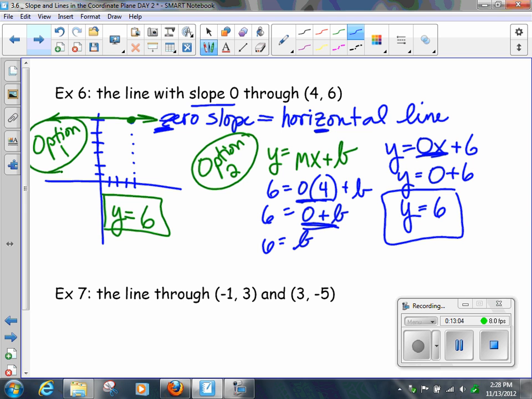You need to understand that when you add 0 to something, you get that thing. Okay, so now I've given you 2 ways to get to the answer. Draw it, or throw in those values, calculate.